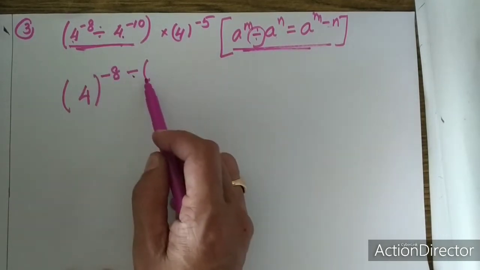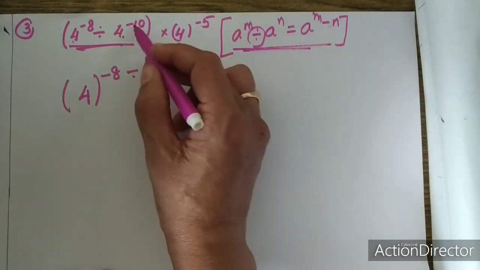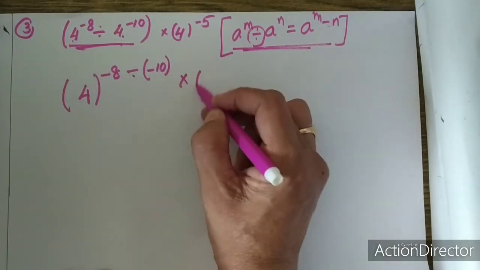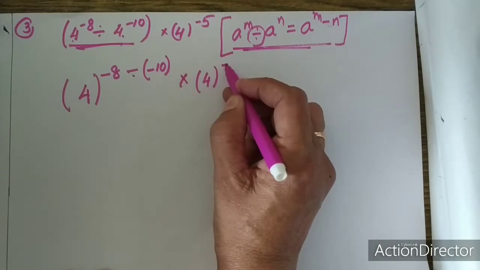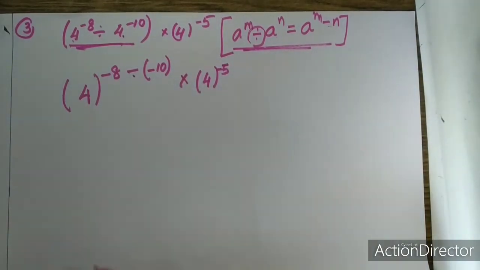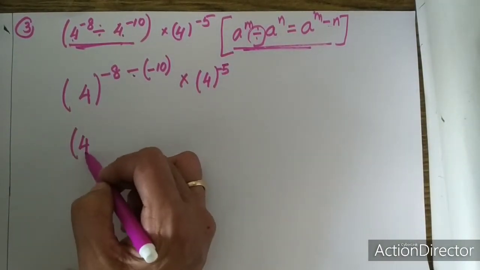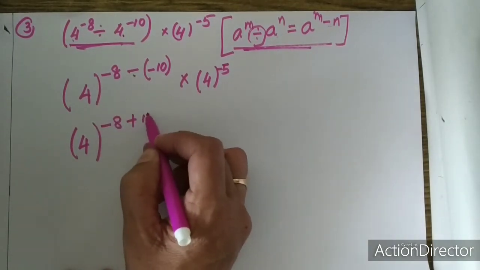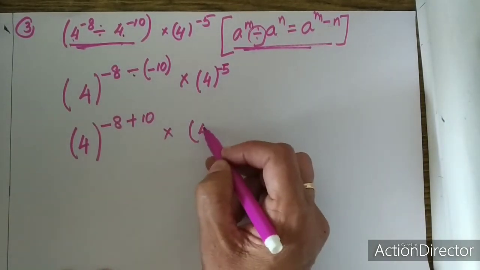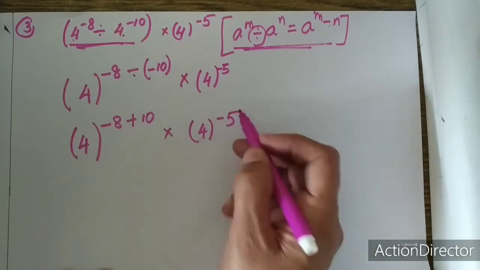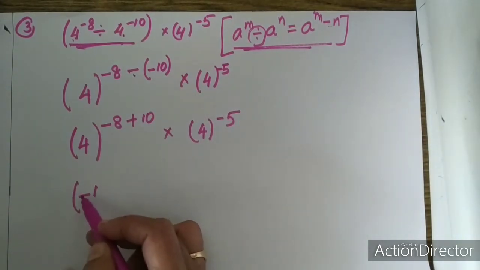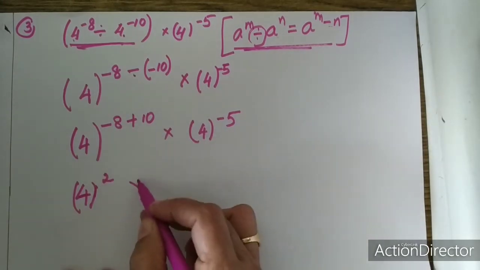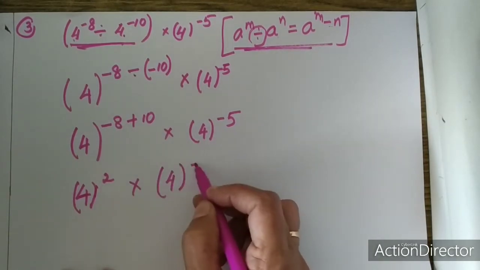Subtracting the powers will have a negative sign, and then write the second power, minus 10, and this is written as it is, now 4 power minus 5. So this can be further simplified. 4 power minus 8 plus 10 into 4 raised to the power of minus 5. So this is equal to 4 raised to the power of 10 minus 8 is 2, and this is 4 raised to the power of minus 5.